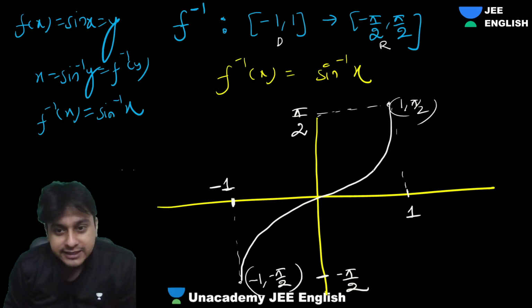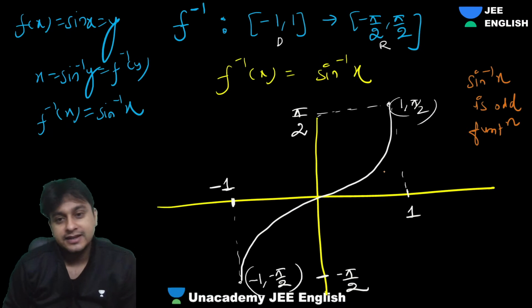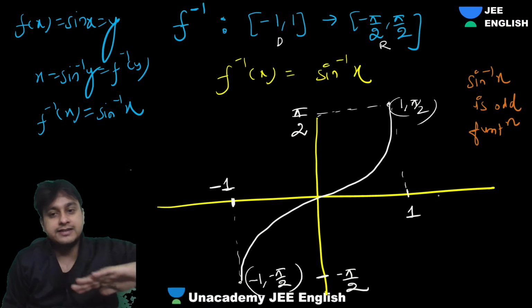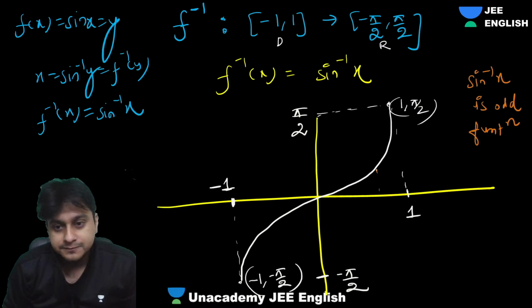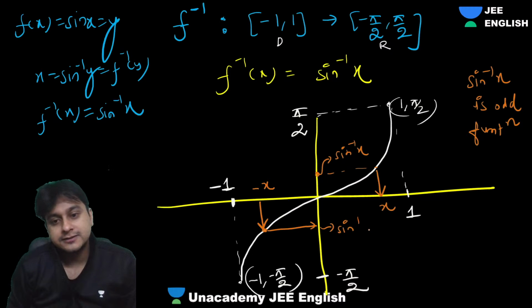Property number 1 says, guys, can I say that the sine inverse x graph is an odd function? Tell me, come on guys. It's just the reflection about the x-axis, right? This is x, and this is minus x. This is my sine inverse x value, and this is sine inverse of minus x.